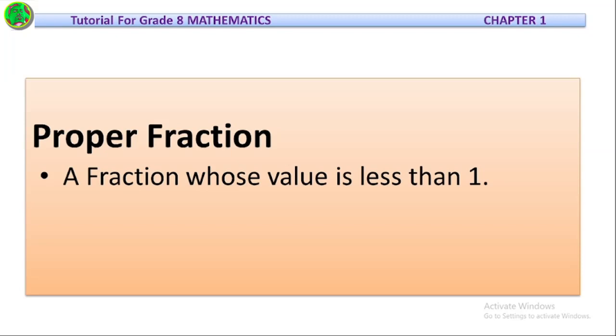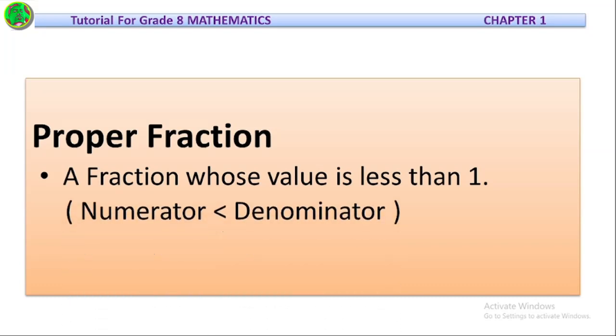ህገኛ ክፍልፋይ ማለት ምን ማለት ነው? What is proper fraction? A fraction whose value is less than 1 is said to be a proper fraction. In other sense, a proper fraction, a fraction having numerator value is less than denominator.